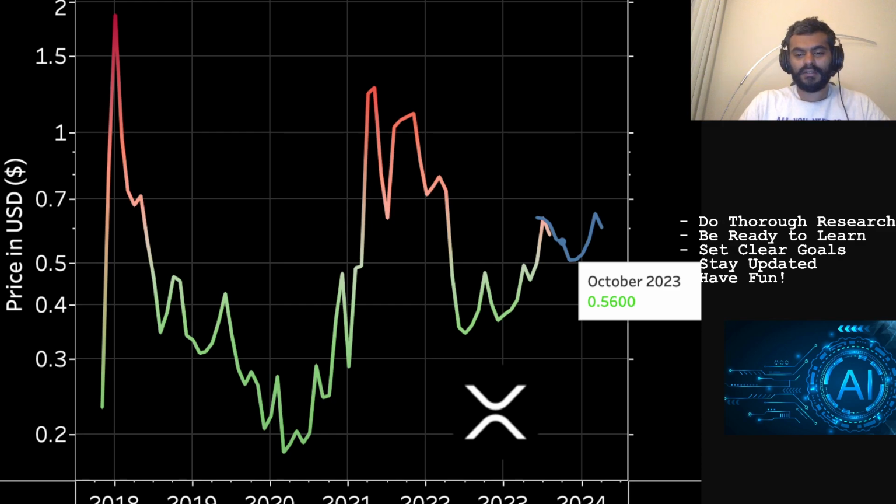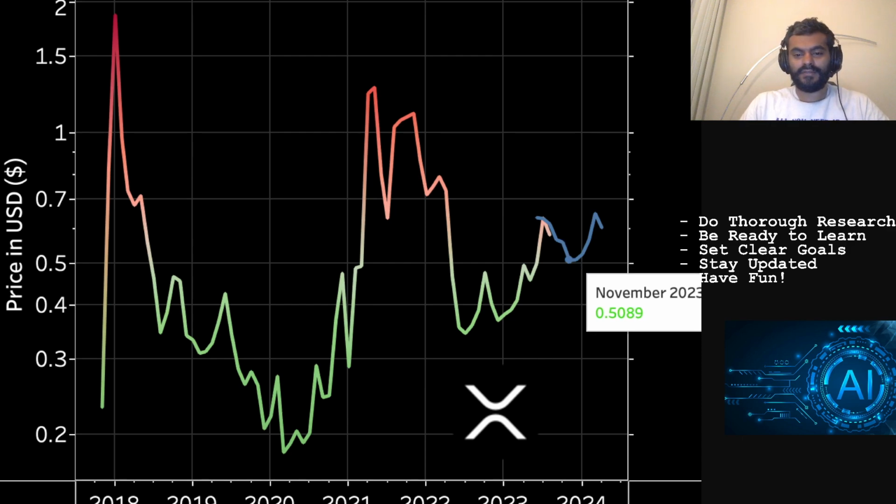For October, the AI model in a bull case, which is a theoretical ceiling scenario created assuming that macroeconomic conditions favor risk assets and the XRP or token-related news are bullish, forecasts October at 56 cents.